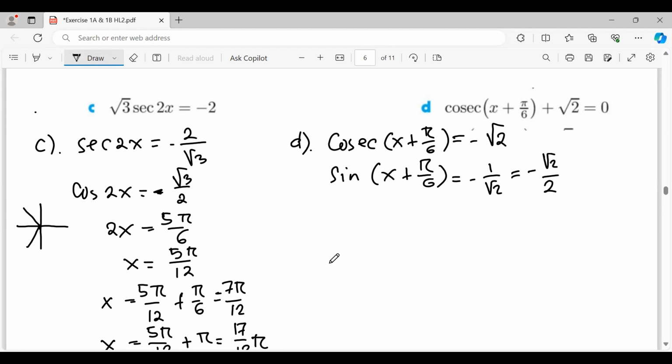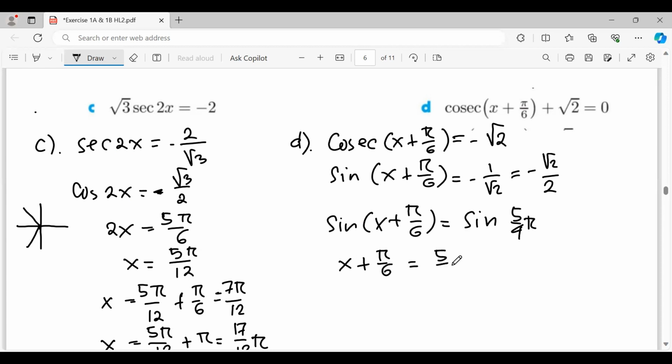Now we are going to determine x. We have to find sine at 5π/4. Then x plus π/6 equals 5π/4.